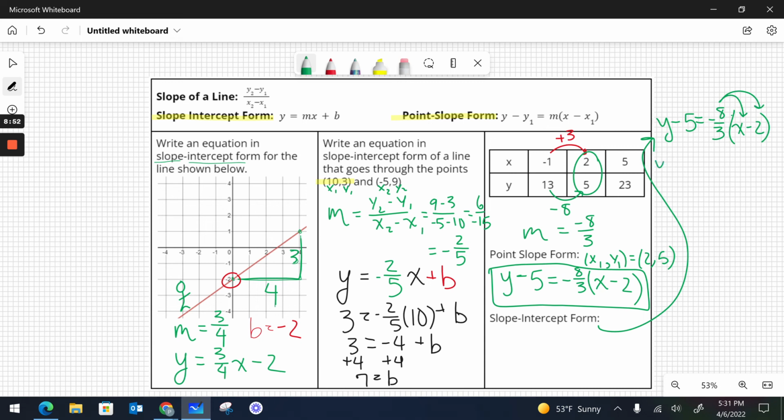So I'll have y minus 5 equals negative 8 thirds x, and then negative 8 thirds times negative 2 is positive 16 thirds.